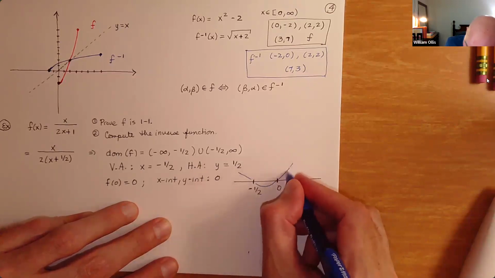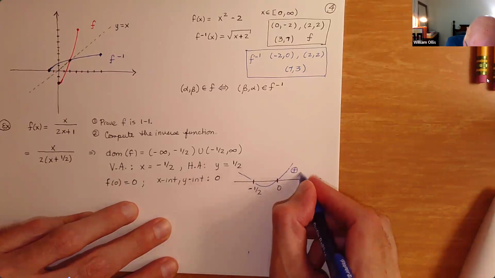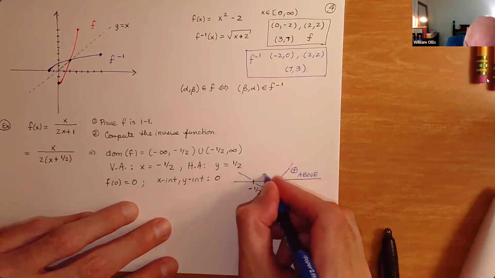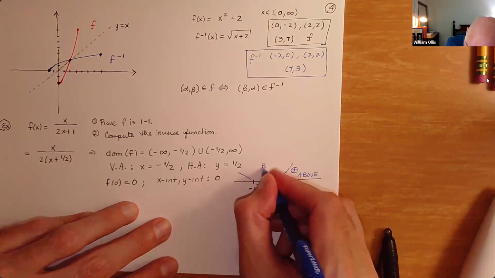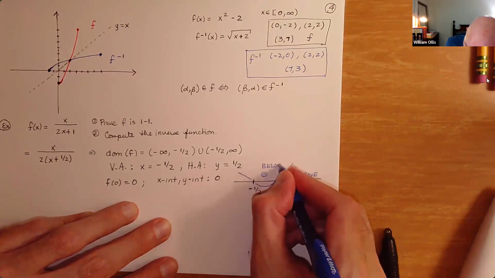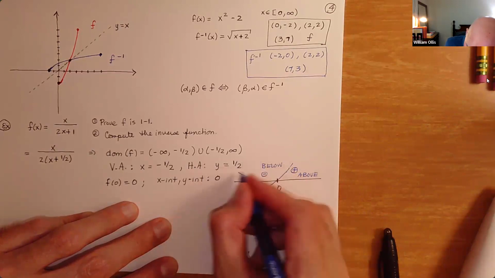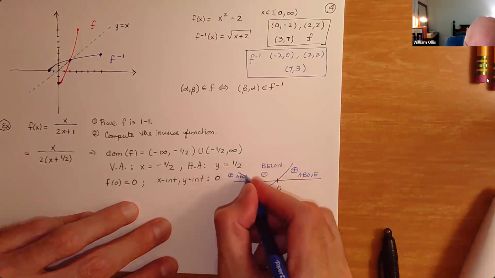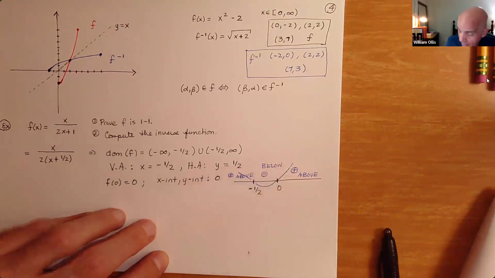So we've got plus, which is above. We have minus here, which is below. And then here we have plus, which is above. So that just gives us an idea of what the original graph looks like.